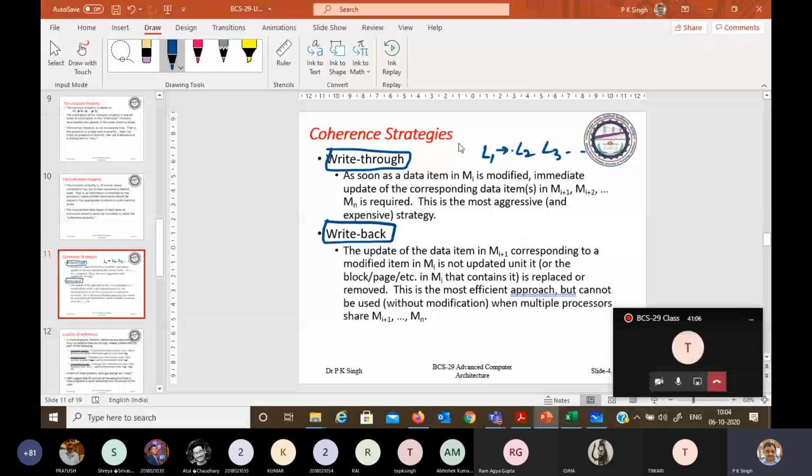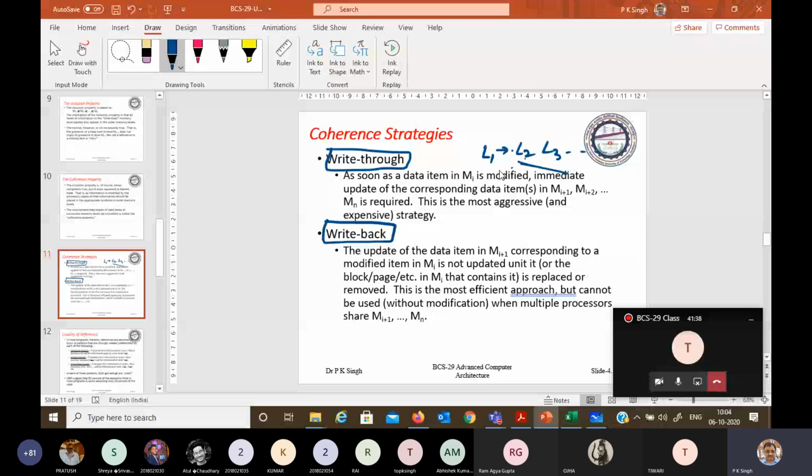Then you will remove the inconsistency of data, but that will hamper the performance because you are writing the information in main memory as well as wherever else it is residing in upper levels. So that will hamper the speed performance of the processor.